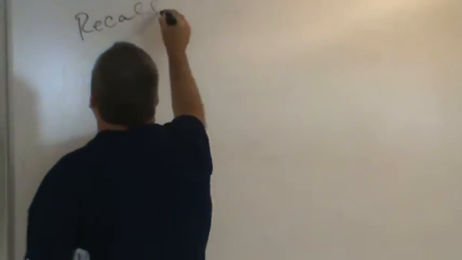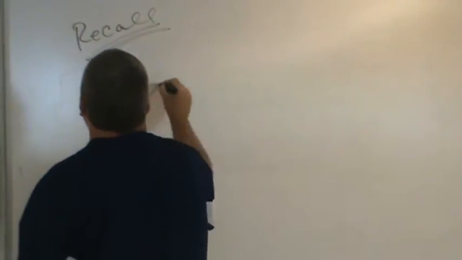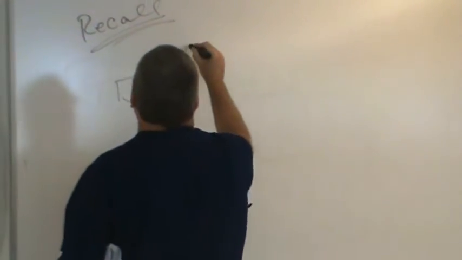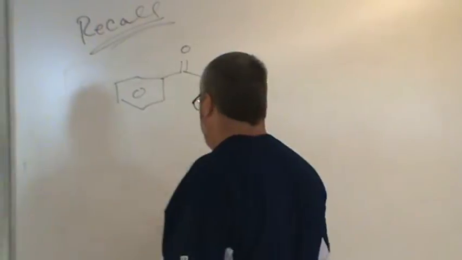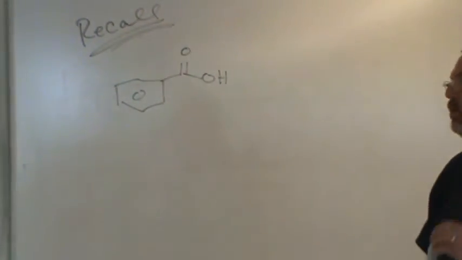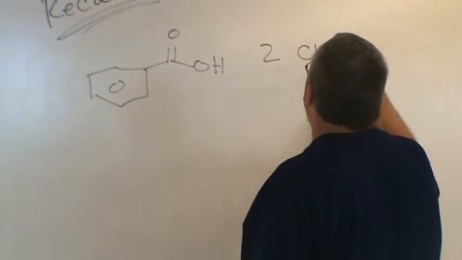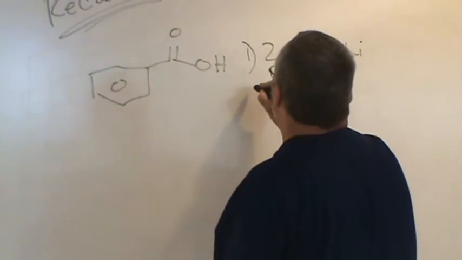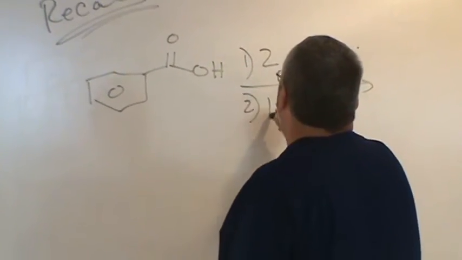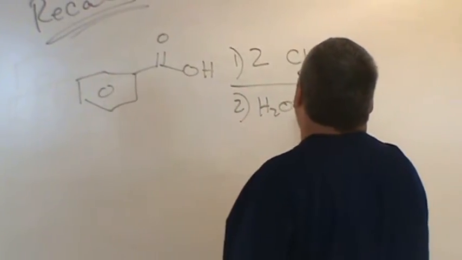You might remember from class recently that if you took a carboxylic acid, let's say we start with benzoic acid, and you reacted it with 2 equivalents of an organolithium, so let's say 2 equivalents of methyl lithium in the first step, and then in the second step you add H2O, H3O+.